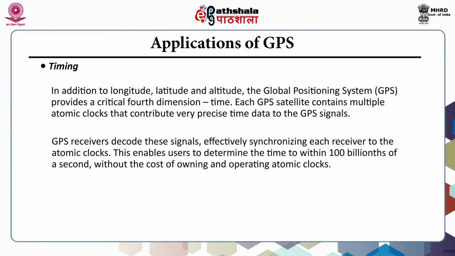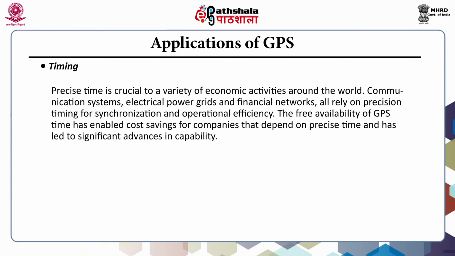GPS receivers decode these signals, effectively synchronizing each receiver to the atomic clocks. This enables users to determine the time to within 100 billionth of a second without the cost of owning and operating atomic clocks. Precise time is crucial to a variety of economic activities around the world.